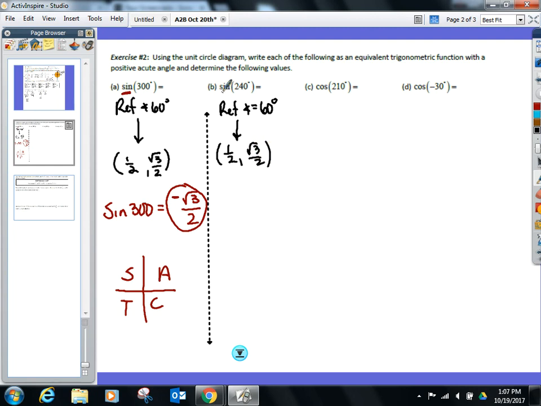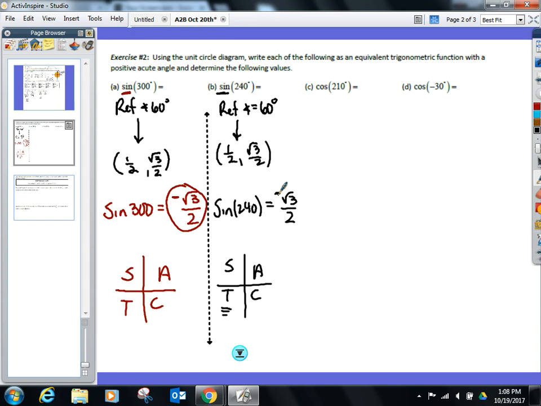I'm looking for the sine, so I'm going to pick off the y coordinate, which would be radical 3 over 2. Now I just have to remember, what quadrant is 240 in? 240 is in the third quadrant. And what do I know about sine in the third quadrant? It is negative, because the T tells me only tangent is positive. So negative radical 3 over 2.